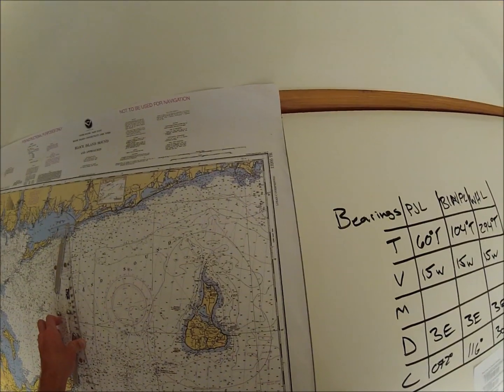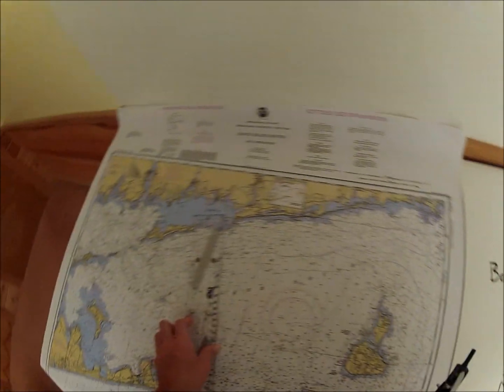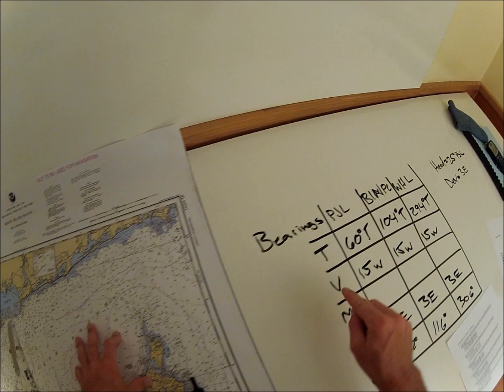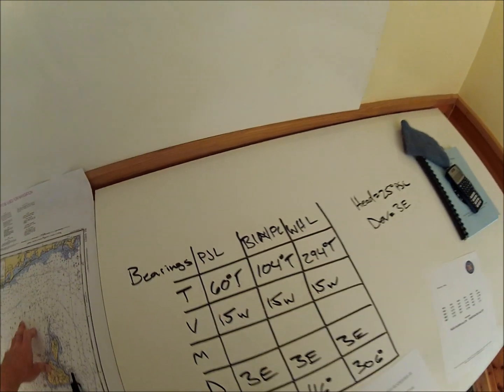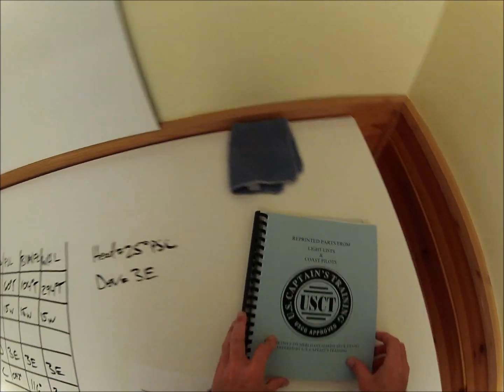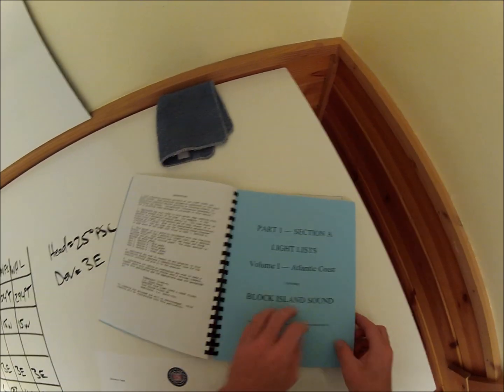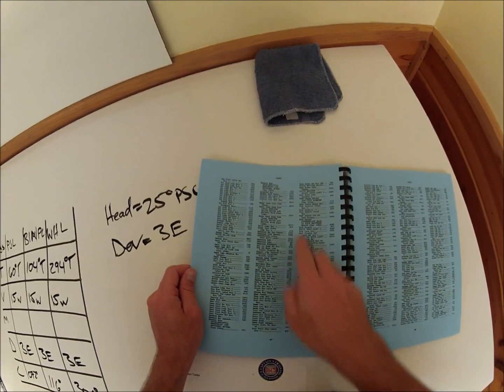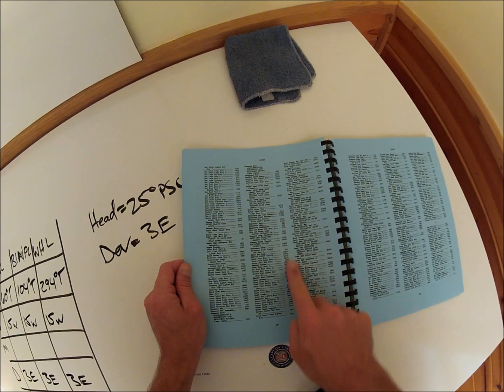Now, one of the most difficult parts of these problems is finding the points. If you are having a hard time finding the points, the proper way is to go to the light list, find the index. Now we'll look up Point Judith Light in the index. Then to the right, here's all the numbers, right?